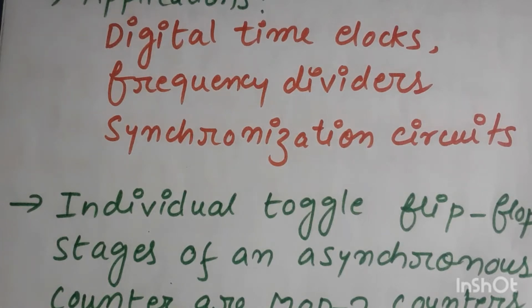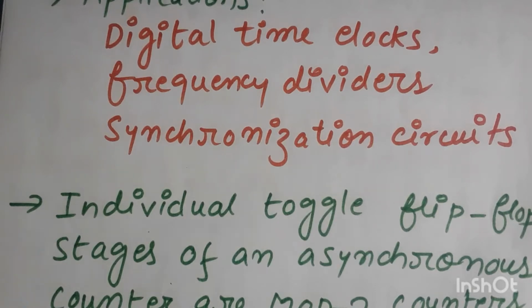Suppose a 4-bit counter can take 16 possible values, from 0 to 15. A toggle flip-flop is itself a mode 2 counter, so 4 times mode 2 counter is a mode 16 counter.